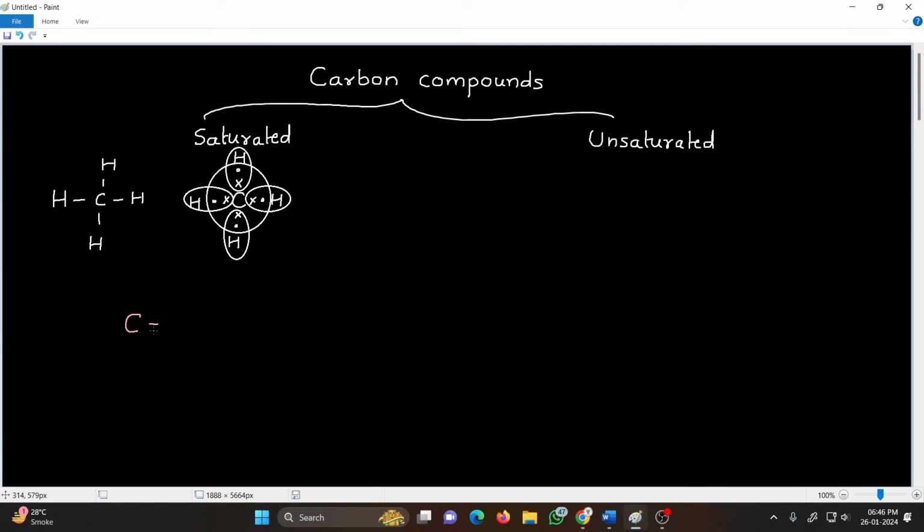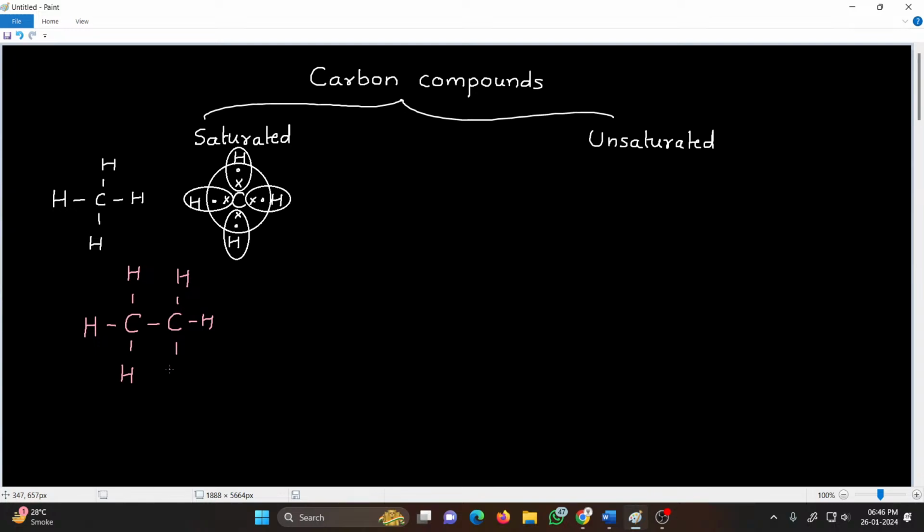So, we can have a carbon-carbon single bond like this. If these two carbons are sharing one pair of electrons between them, the unfulfilled valency of each carbon is 3, which can then be fulfilled by 3 hydrogen atoms each.